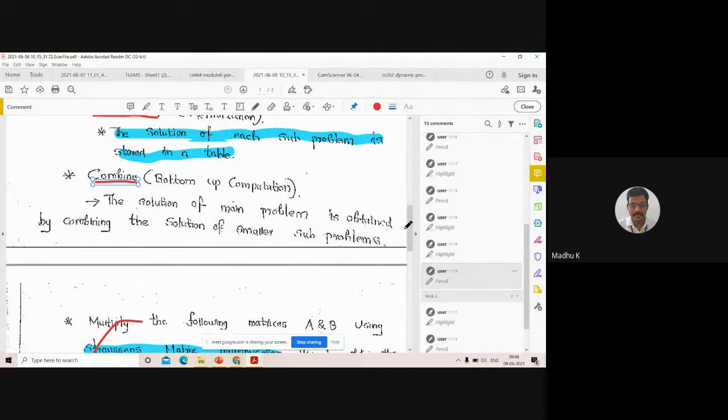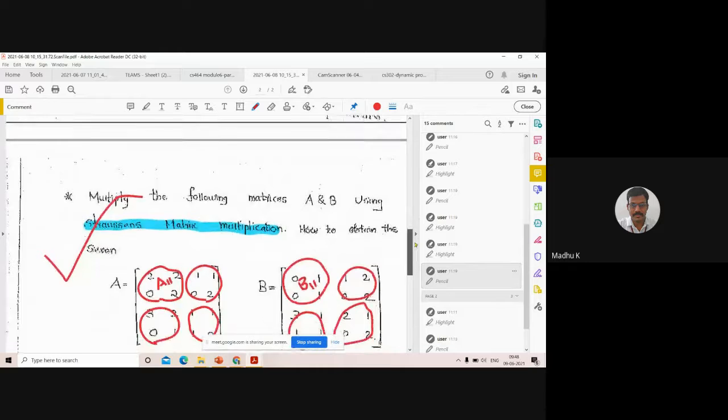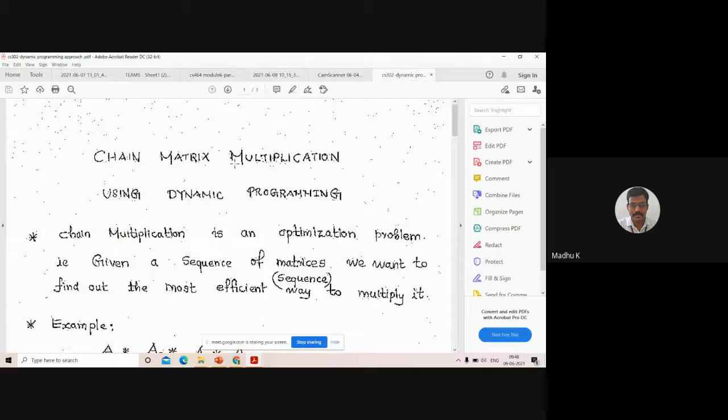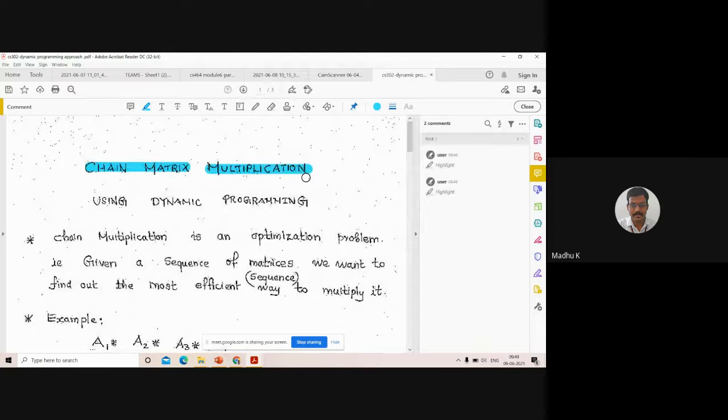Next we are going to discuss a problem called chain matrix multiplication. It is basically a complicated problem.